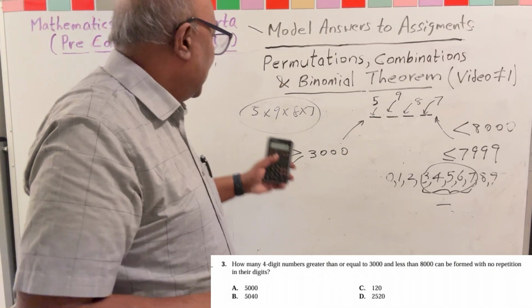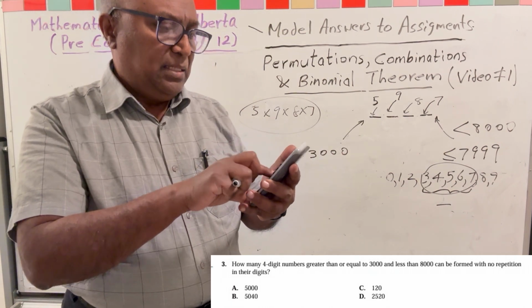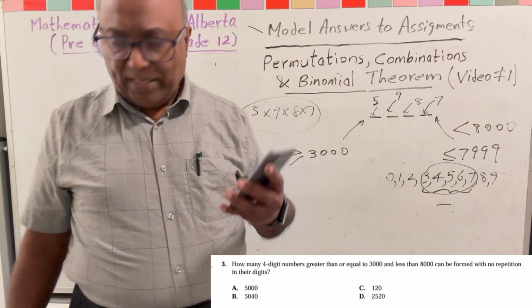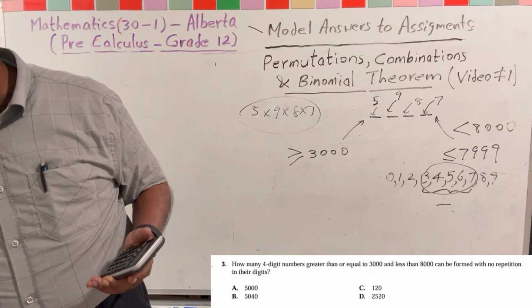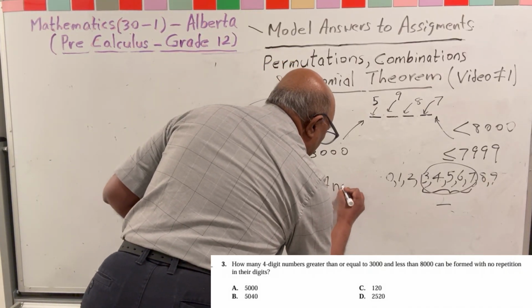Using the calculator, let's calculate 5 times 9 times 8 times 7. The answer is 2520. The answer is option D.